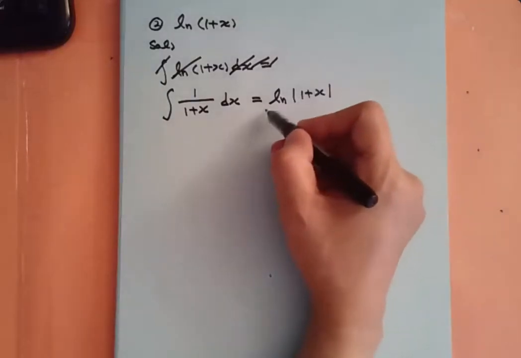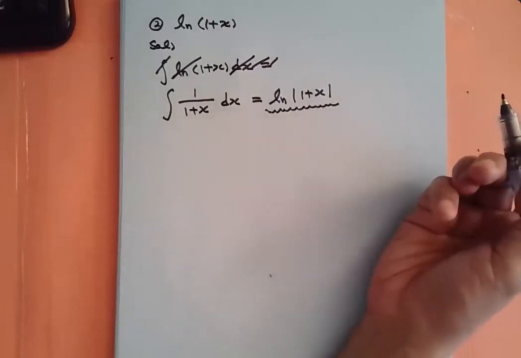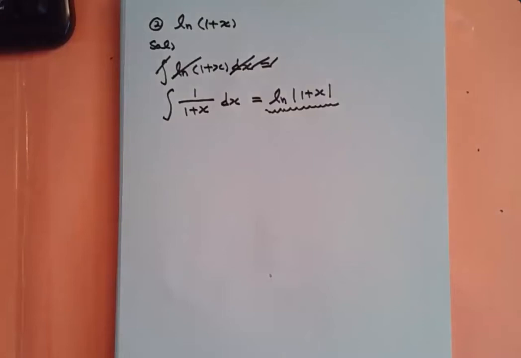And so the power series of natural log of 1 plus x can be obtained by integrating the power series of 1 over 1 plus x.